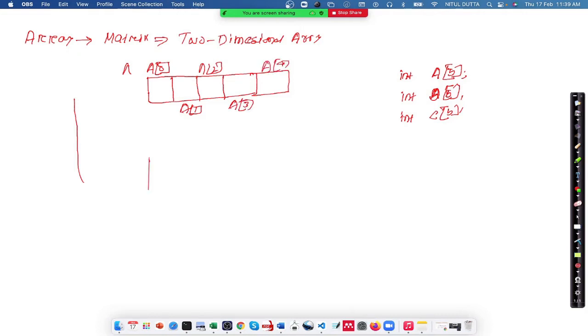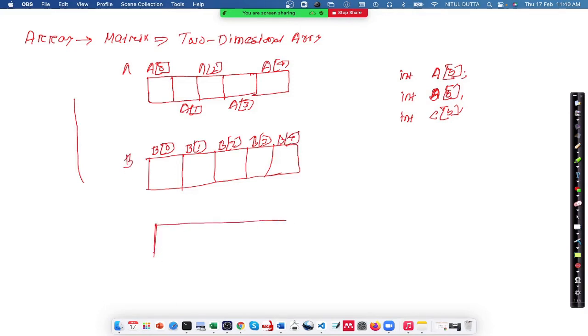For B also the same thing will happen. This one will be B0, B1, B2, B3 and B4, and the common name will be B. Also in case of C, it will be 0, 1, 2, 3 and 4.